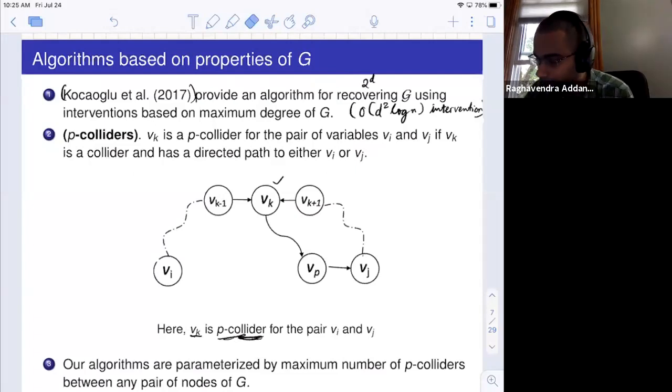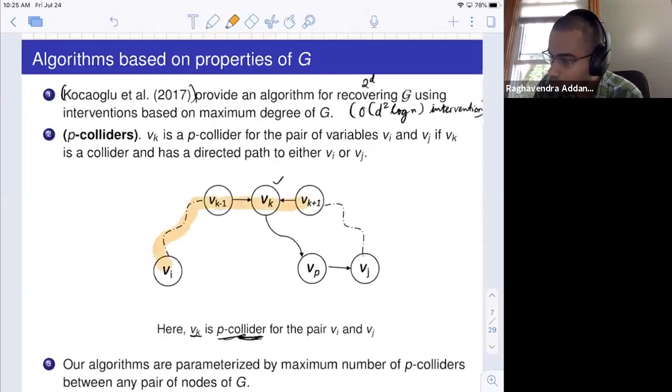So this is the path, and it's a collider. And also Vk is an ancestor of Vi or Vj, meaning Vk has another directed path to either Vi or Vj. So this is a directed path.